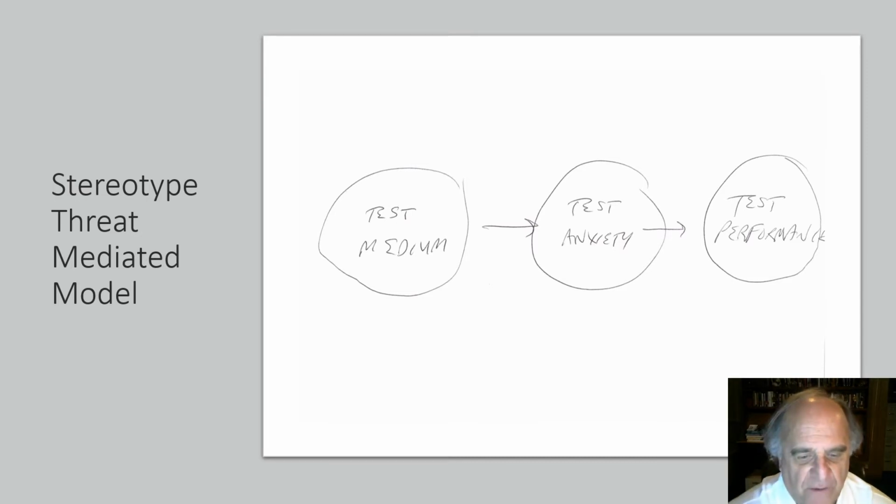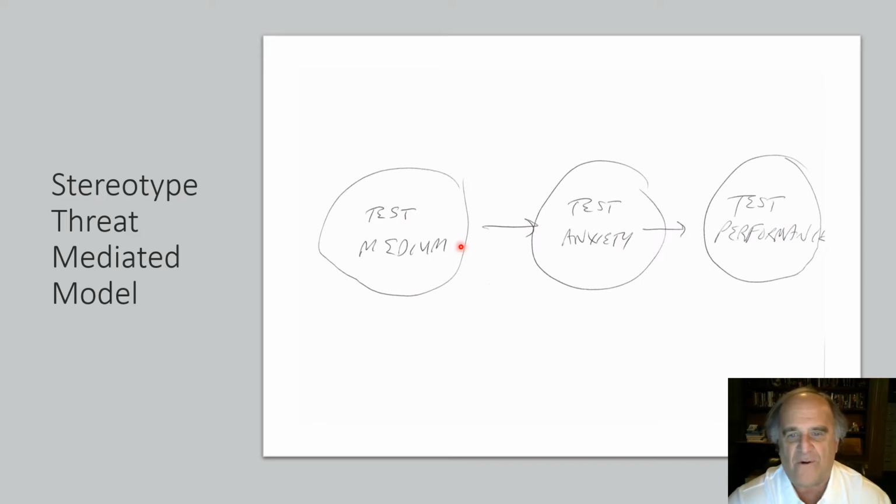So if I wanted to develop a thesis or dissertation and test this idea, I start out, I have my independent variable, test medium. For example, we have a test, and in one case we describe it as an intelligence test, and in another case we just describe it as a problem-solving test. And then we have test performance, which of course is how we score on the test.